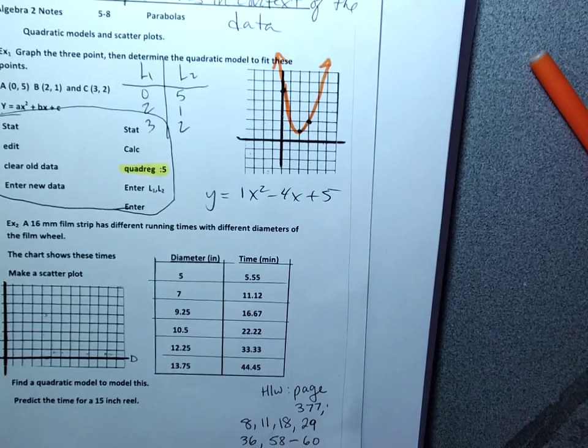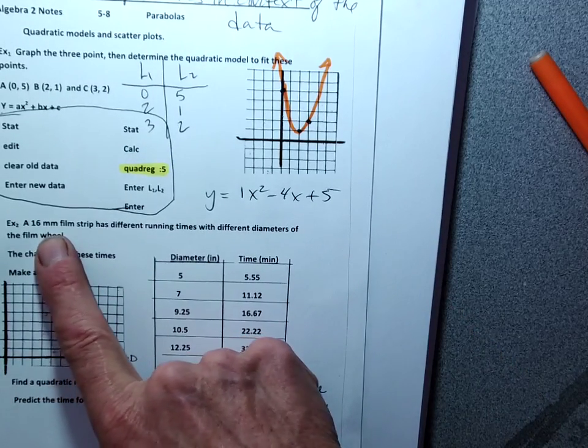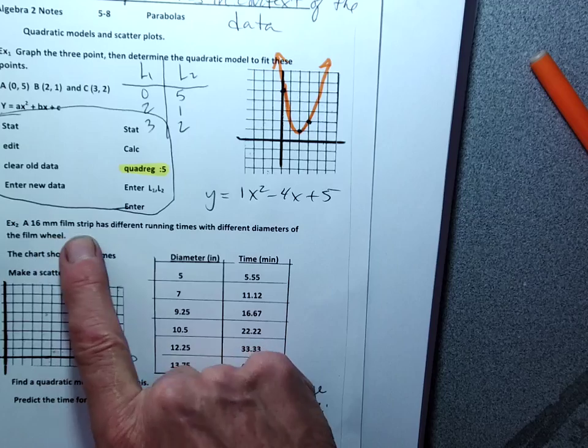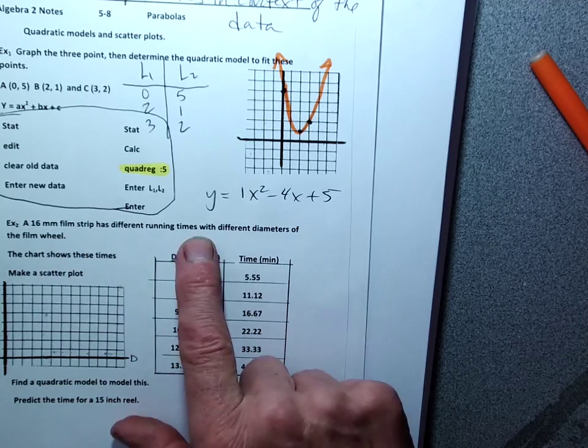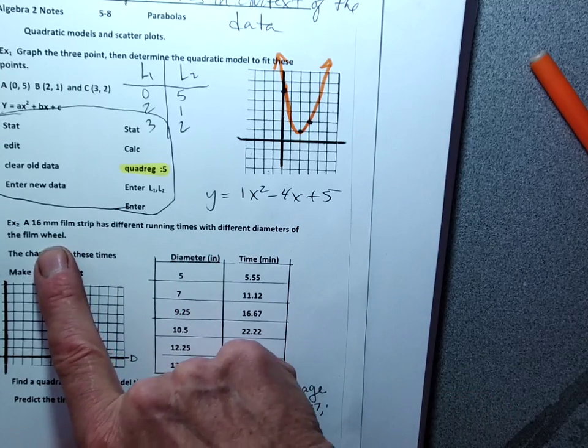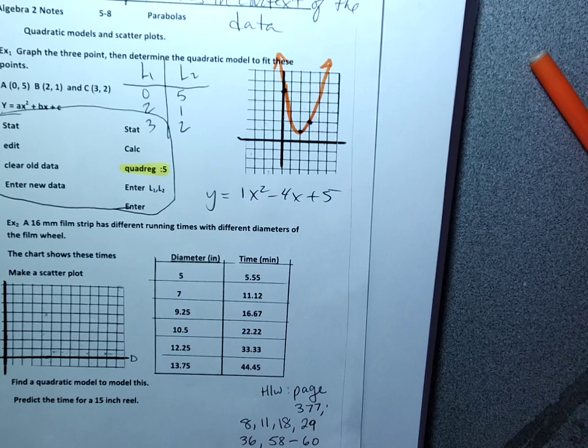Now, the next example. So first of all, in context of the problem, a 16 millimeter film strip has different running times with different diameters of the film wheel, okay? So if I think about this, just in a problem, if the wheel's really little, it's going to spin pretty fast. That makes sense? Think about it. If you've got a film and the wheel's really small and film's flying off of it, it's going to spin pretty fast, right?